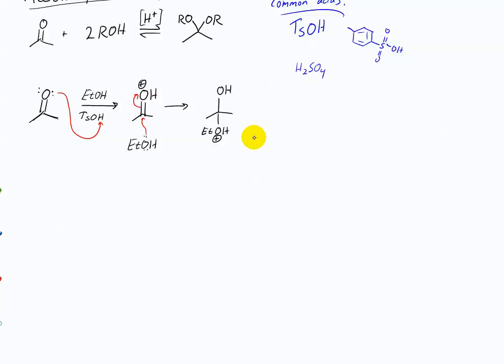There's no water here actually, so let's just say ethanol. It is going to deprotonate. And now, since we know we ultimately have to get rid of the alcohol because this is our product, what happens is that that OH now gets protonated.